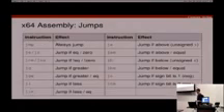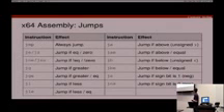So here's the different jump instructions that we have available to us. There's the unconditional jump, JMP, that just always jumps. It doesn't care what the flags are, it doesn't care what else is happening, it just jumps to whatever address you give to it. And then there's all of the conditional jump instructions. So there's one that will jump if the two numbers were equal, not equal, greater than or equal, less than or equal for the signed values, and then some unsigned ones, so above, below, and then some ones based on the sign bit.